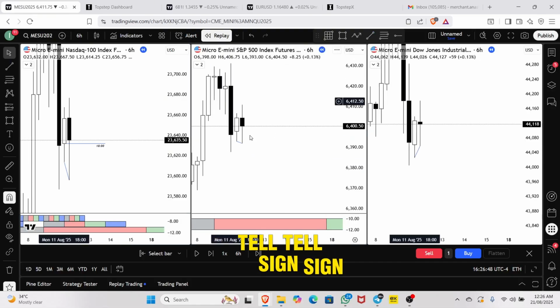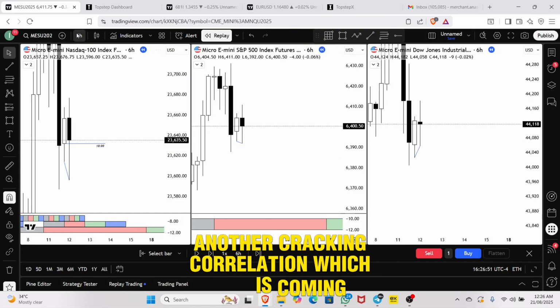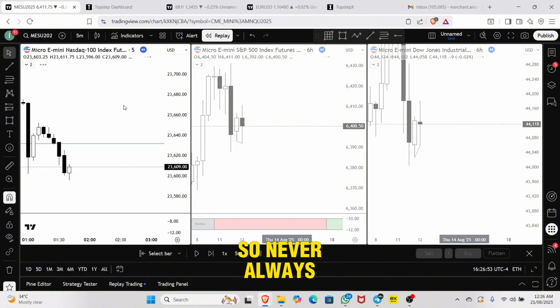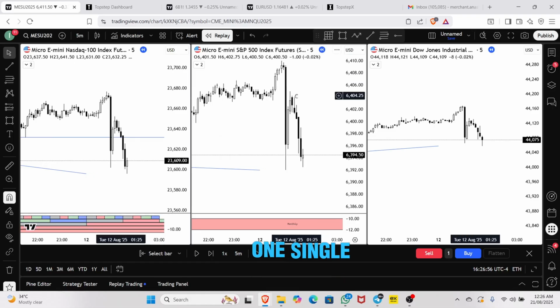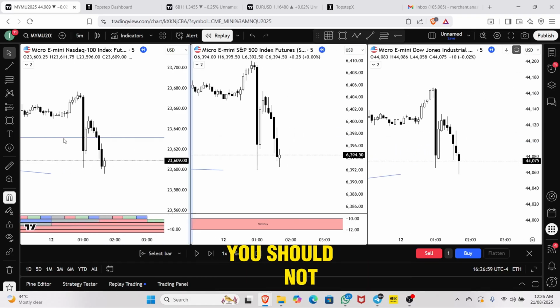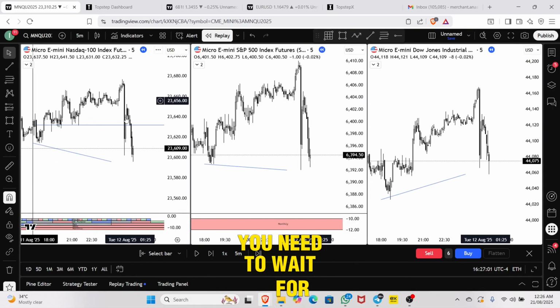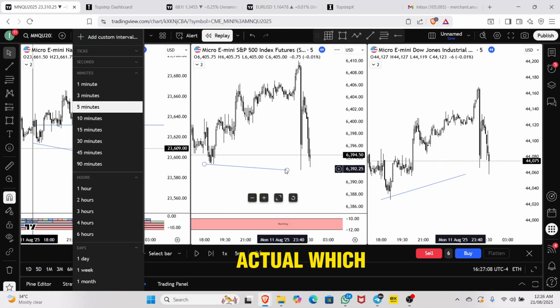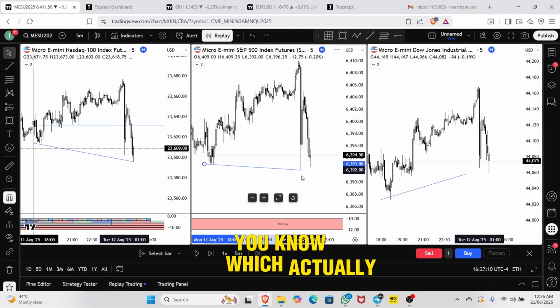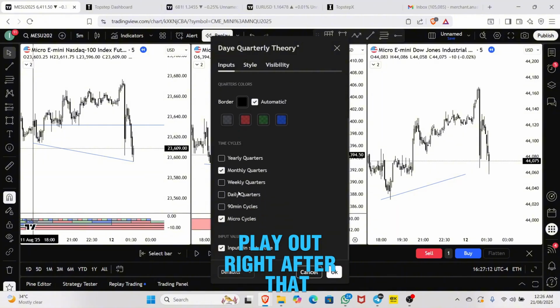There is another crack in correlation which is coming. You should never depend on just one single crack in correlation. You need to wait for another, which literally did play out right after that.